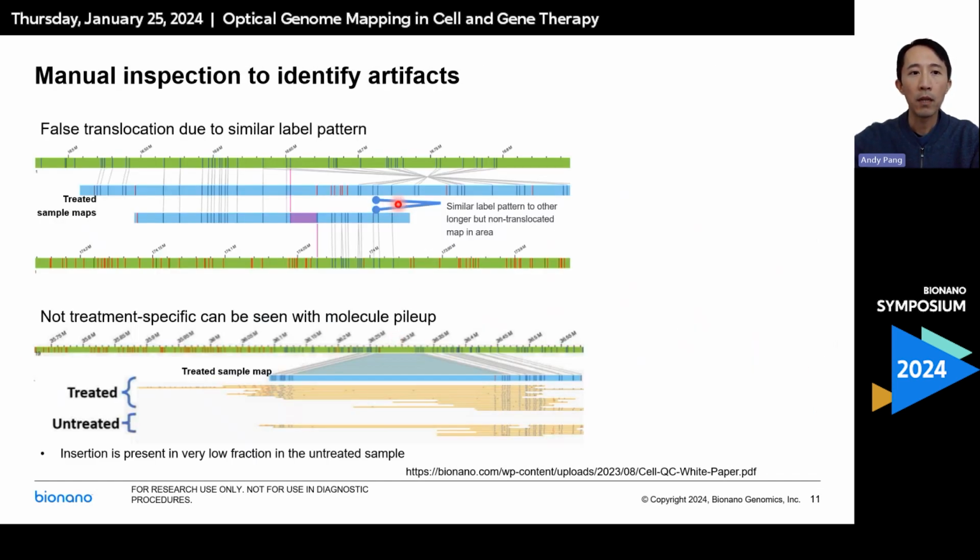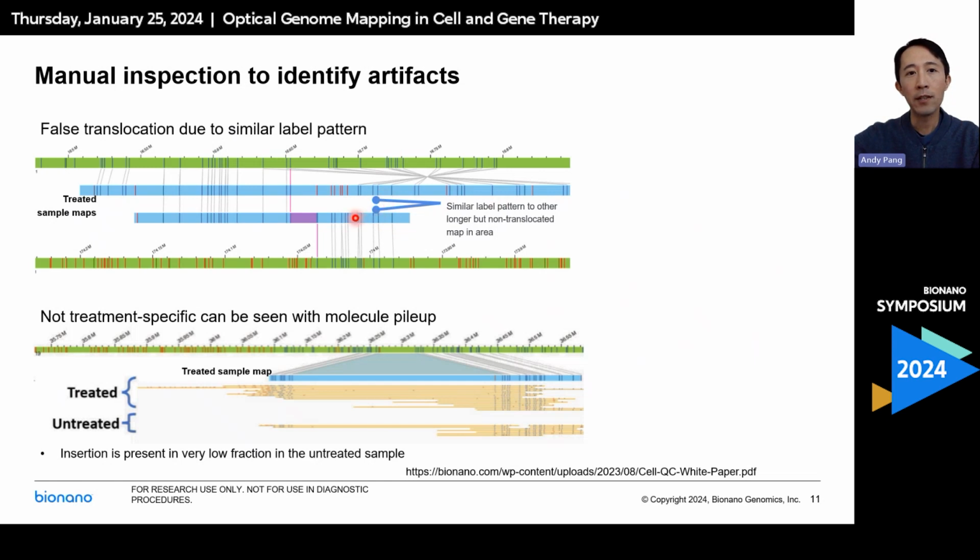First, we should look for false alignments. So in this picture here, you can see that this map calls a translocation between the top chromosome and the bottom chromosome. But if you look closely in the region, you can actually see there's an additional map, a longer map, a bigger map with more labels, that is aligned fully to the top chromosome, just with an inverted alignment.